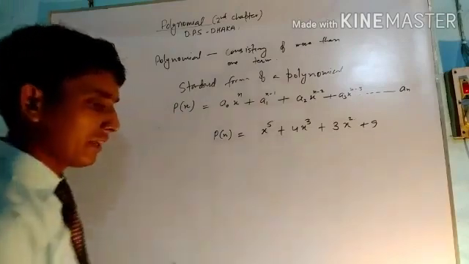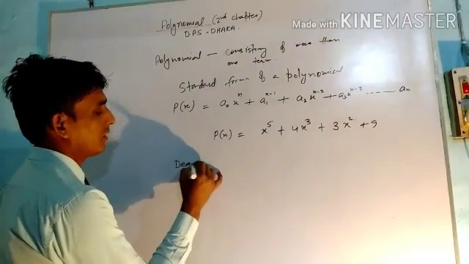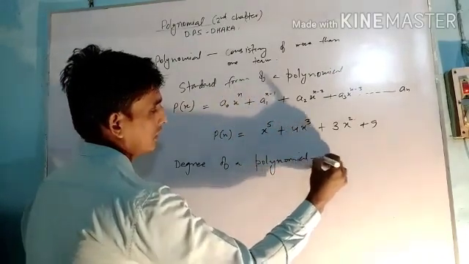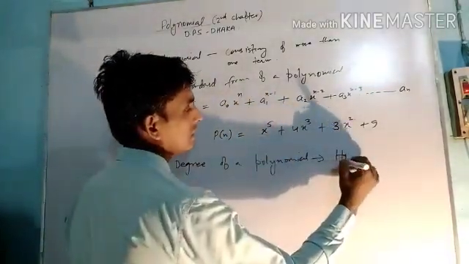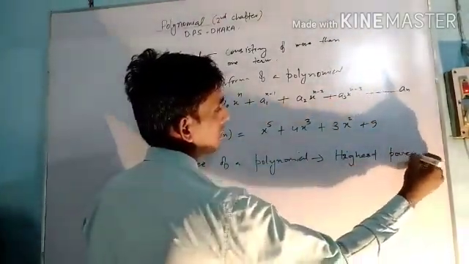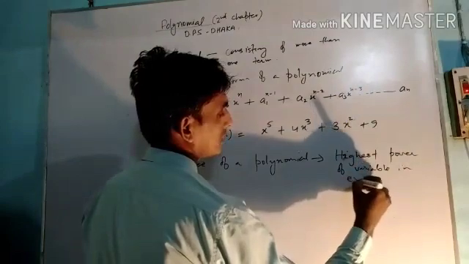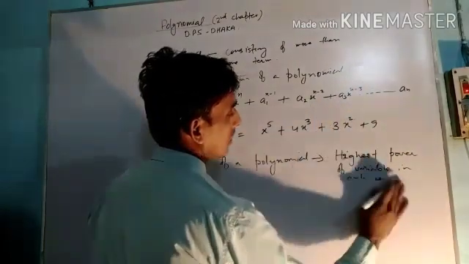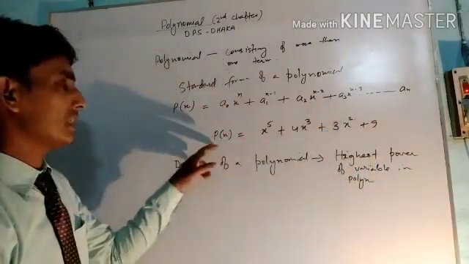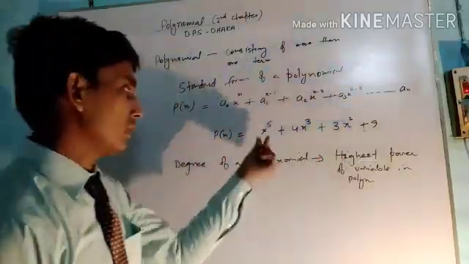Now the various types of polynomial on the basis of degree of polynomial. First of all, what is the degree of a polynomial? Degree of a polynomial means the highest power of the variable in the expression. Here this polynomial consists of 4 terms, so it is a quadrinomial.